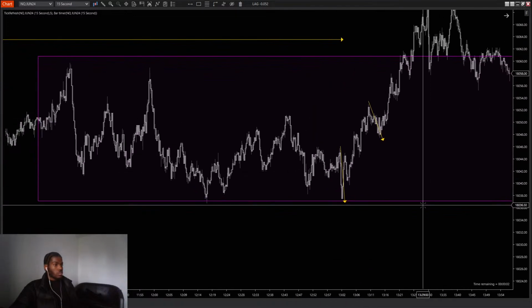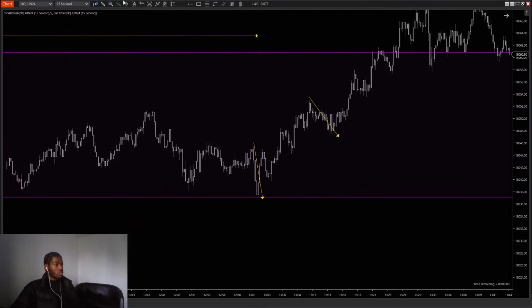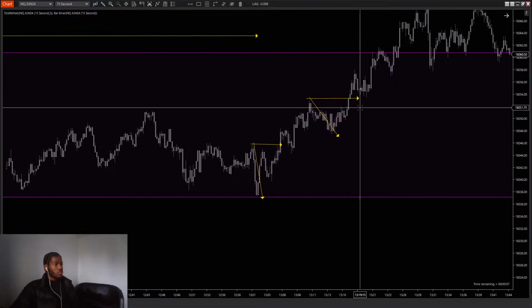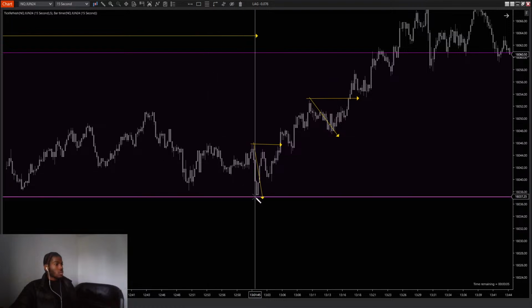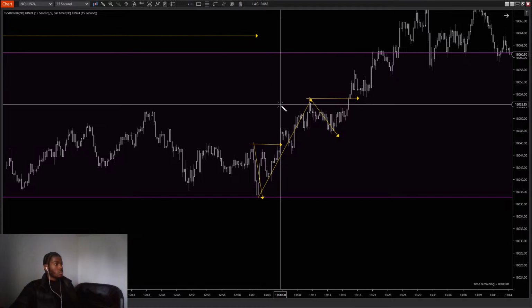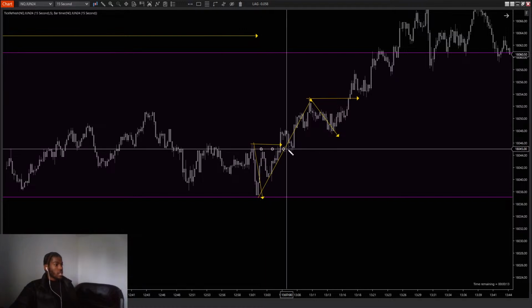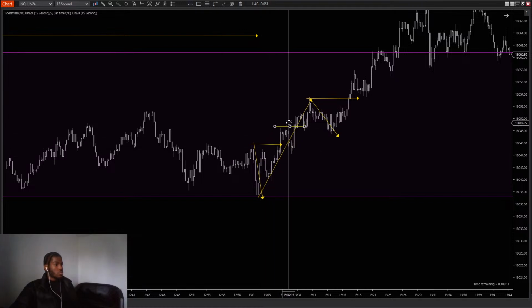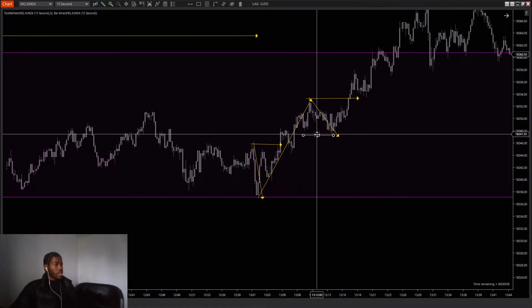Now, within the higher time frame swings, there are lower time frame swings. The lower time frame swings are on the extension. So when you count the swings inside the lower time frame, you see 1, 2, 3, and price reverses.